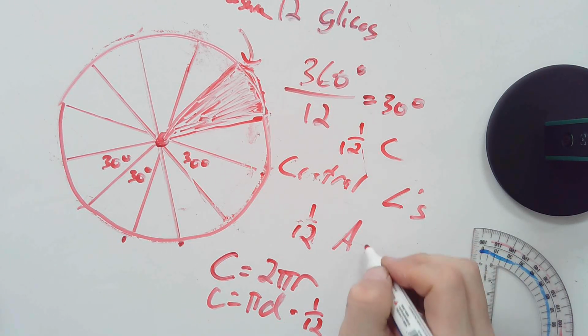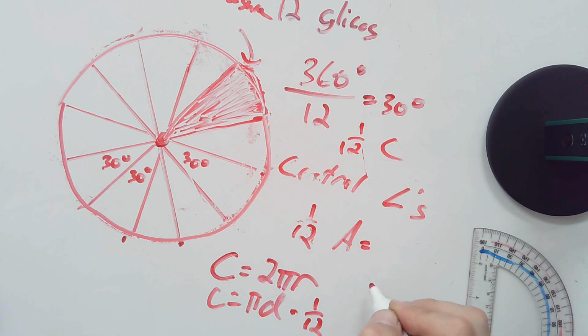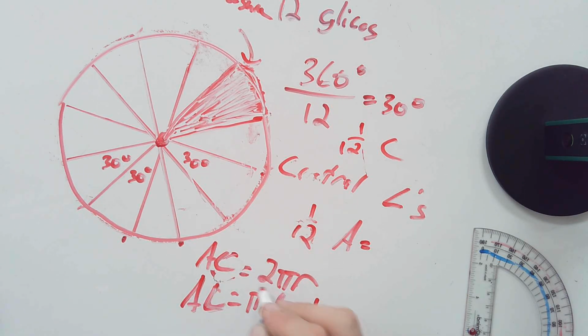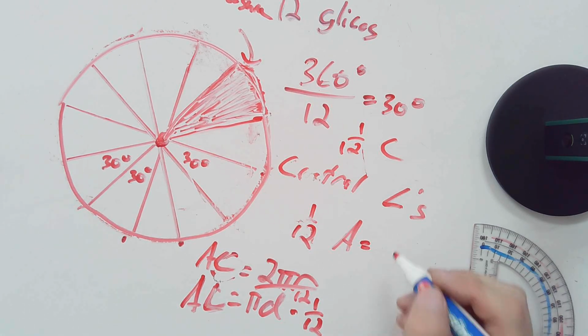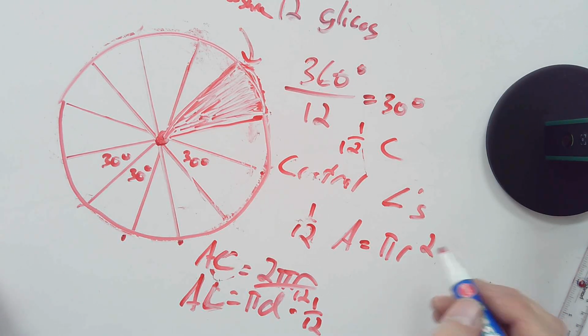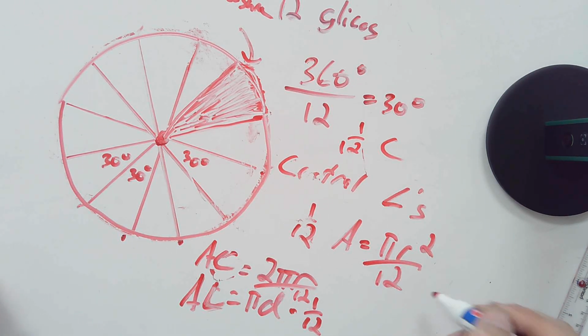Then your area, you do the same thing. This is your arc length, and you can divide that by 12. Now your area is pi r squared. You just figure that out and divide it by 12, or multiply it by 1/12, same thing.